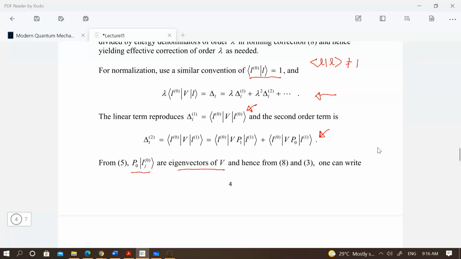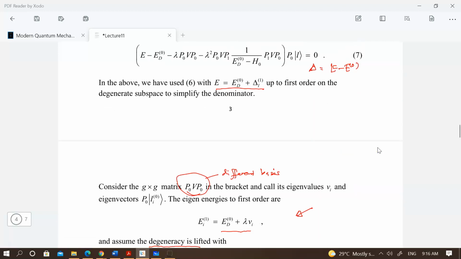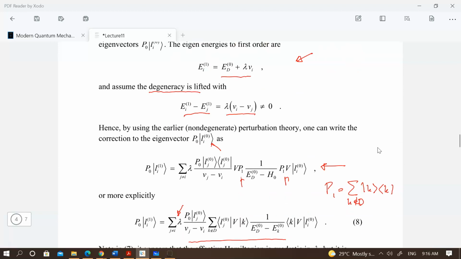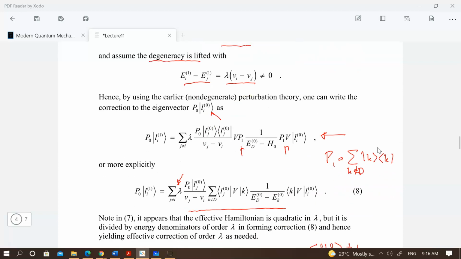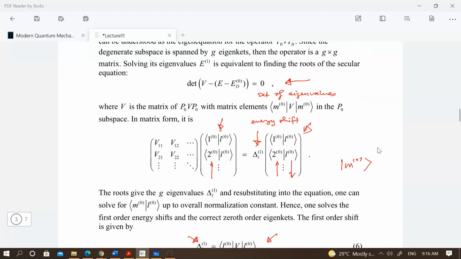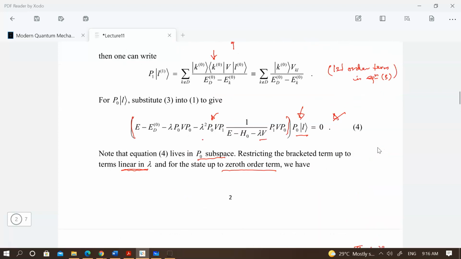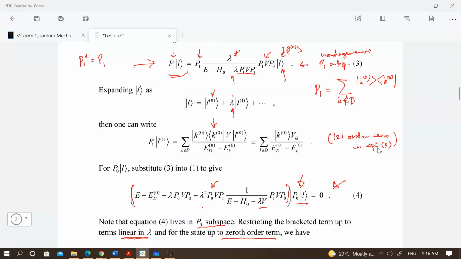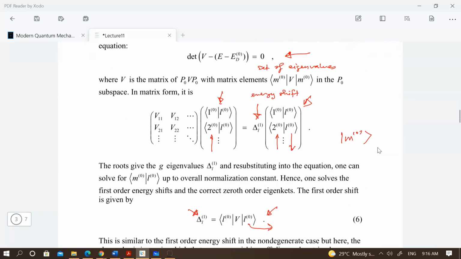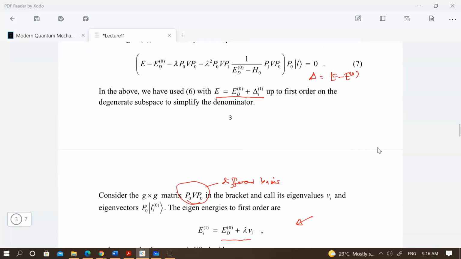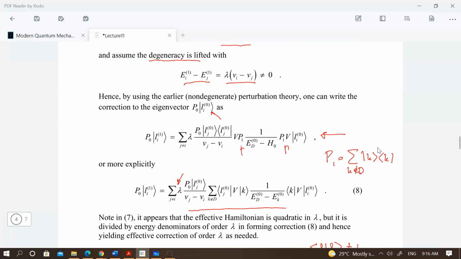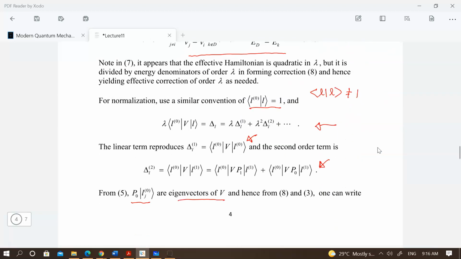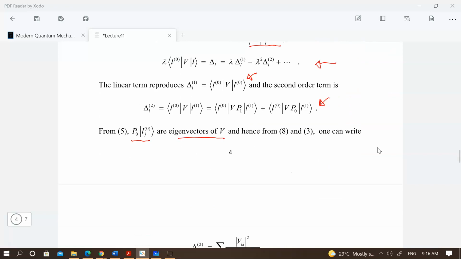Okay. And then because of equation 8, just let me scroll back. Equation 8 is that. Equation 3, let me see what that is. Oh, that one. Okay. You have to do the algebra. I'm not going to do this over here, but you have to check for yourself.